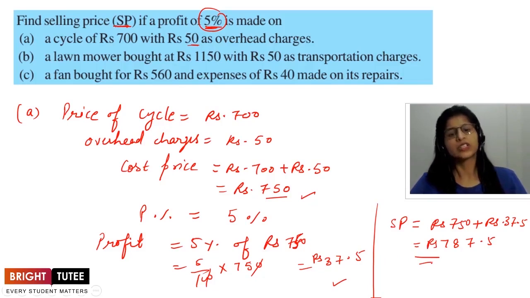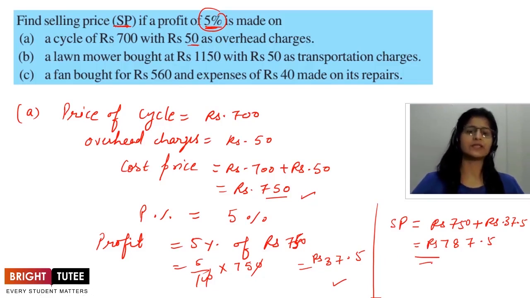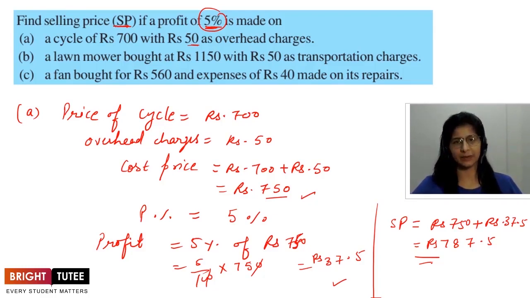Is that clear? So we have calculated selling price when we know the cost price and profit percent. So profit is always on cost price. We did 5% of the amount 750, which is the total cost price. After calculating the profit, we can add it into the cost price and calculate selling price. Clear? Let's see the next part, that is B part.